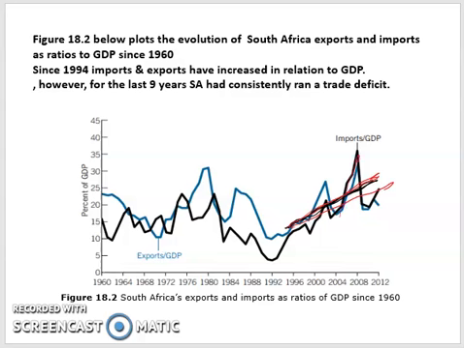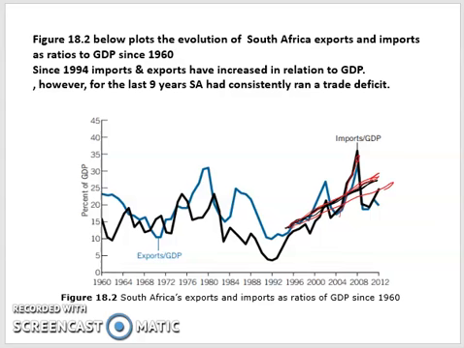The second conclusion is that although imports and exports have followed the same upward trends over time, since 2004, imports have considerably exceeded the exports. So, in other words, for the last 9 years in this time trend, South Africa has consistently run a trade deficit, suggesting that imports were greater than exports.